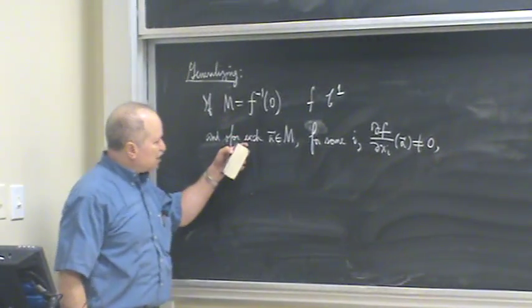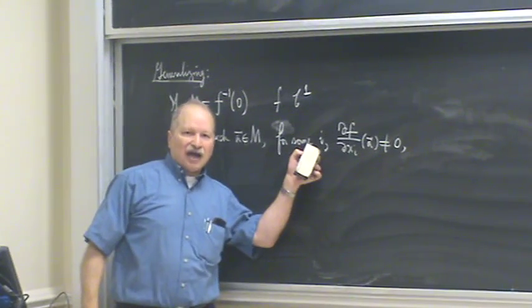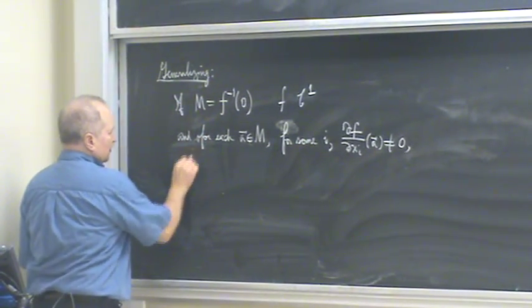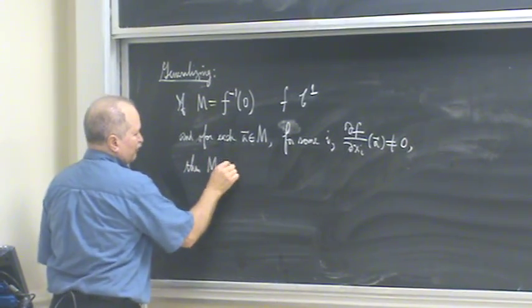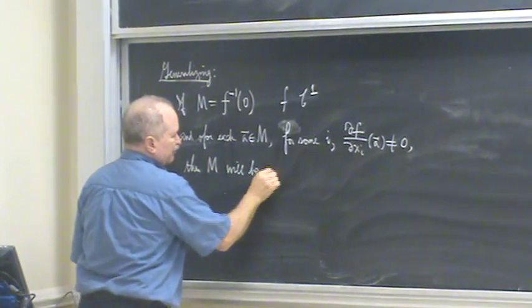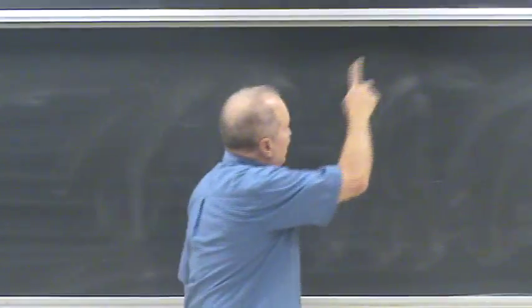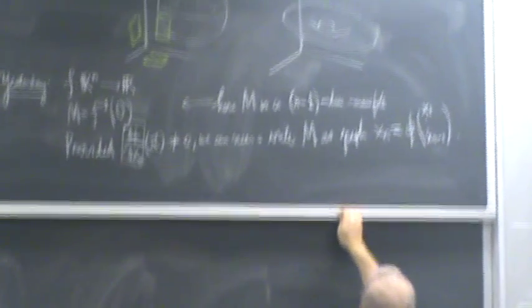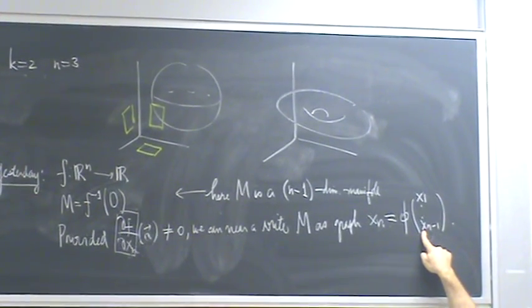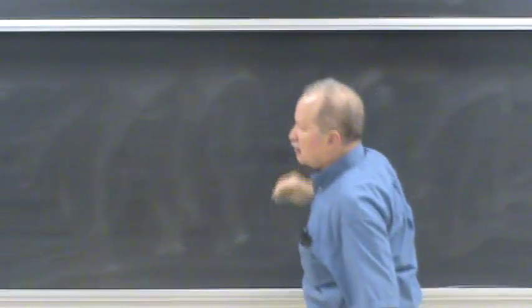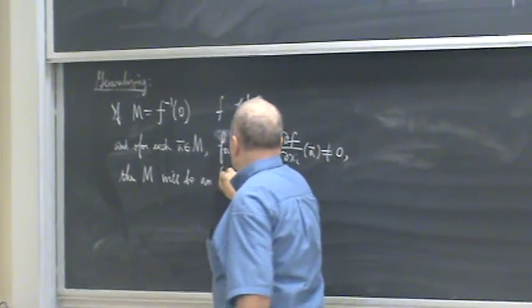You notice I'm saying for each A, there's an i where the ith partial isn't zero. Then what can we conclude? Well, when this condition is holding, for some choice of coordinate n minus 1 plane at every point, it will be an n minus 1 dimensional manifold.